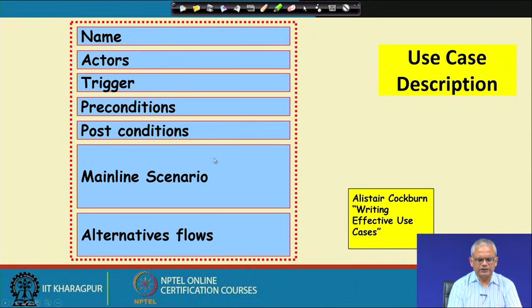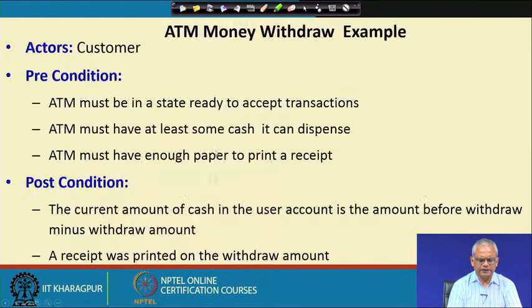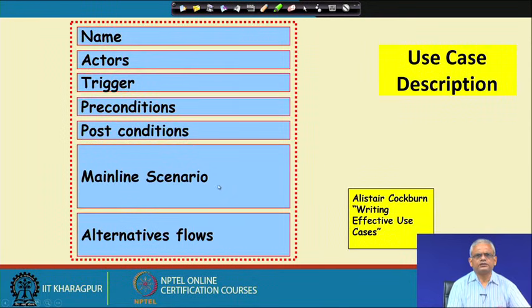And we will look at the scenarios in a use case, and we will represent what is called a mainline scenario and the alternate scenarios. We will take some sample problems, we will try to document in this manner.